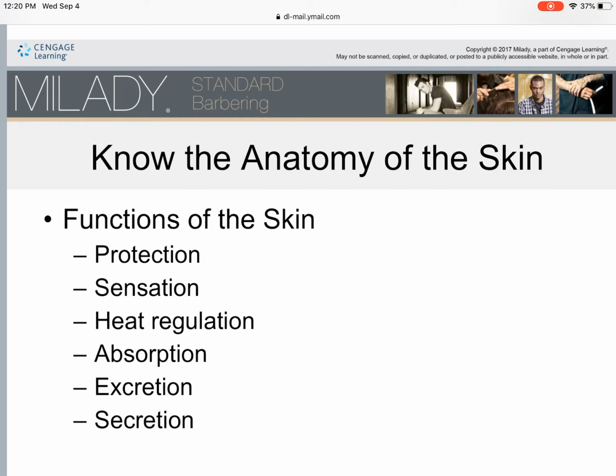A, absorption. Absorption beyond the top layer of the skin is limited, but does occur. Some medications are designed to enter the body through the skin, where they are slowly absorbed and dispersed. Products designed for skin care are not intended to be absorbed beyond the top layer of the skin. Protection. The skin protects the body from injury and a multitude of pathogens.